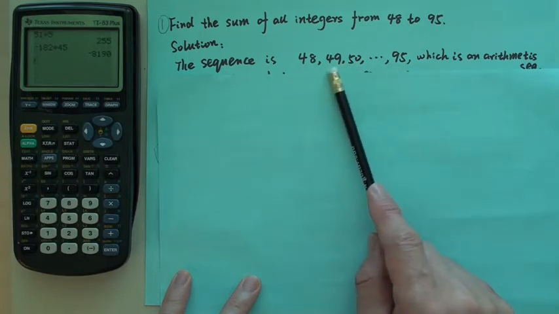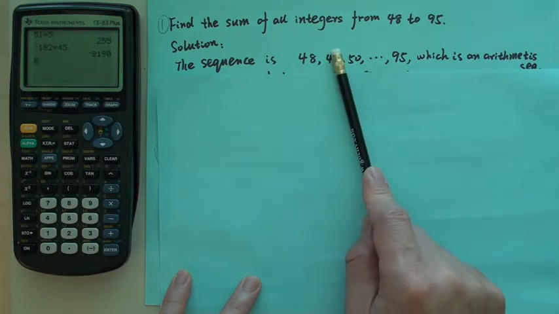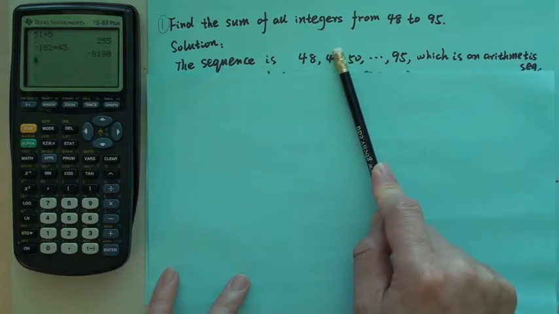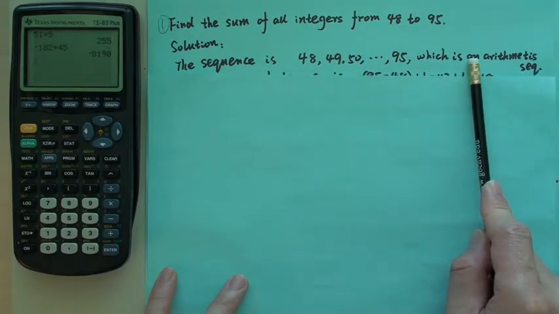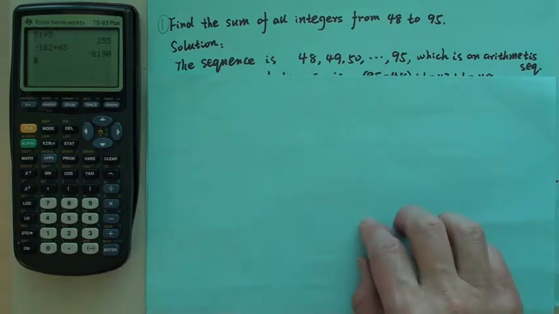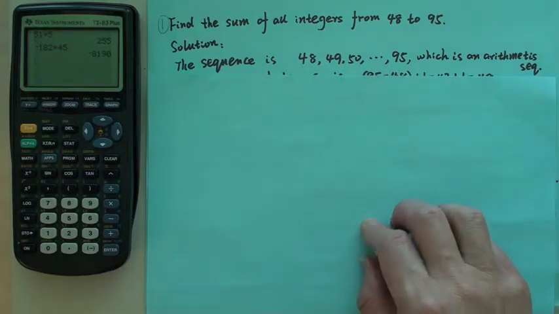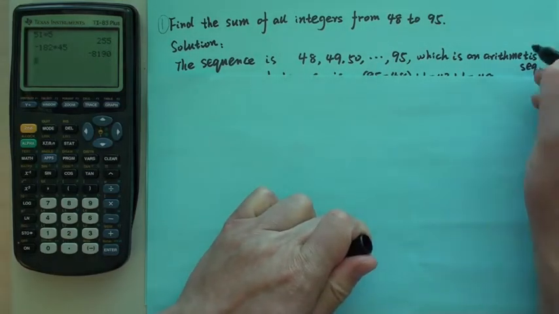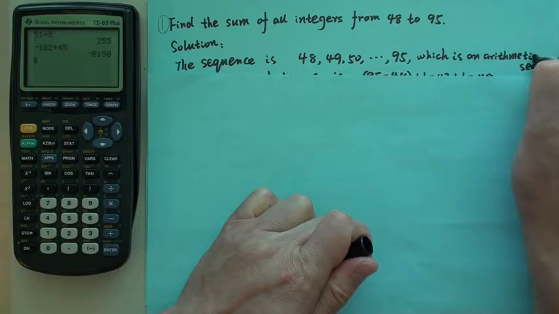Everyone knows that. And then we know this should be the arithmetic sequence. It is arithmetic, not arithmetics.